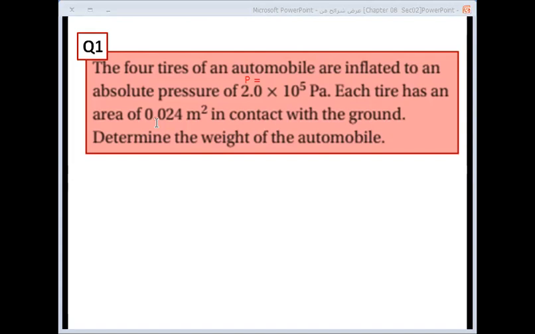Is it 0.024 or will we make something additional? We will multiply it by 4. Excellent, mashallah. So we will multiply times 4.